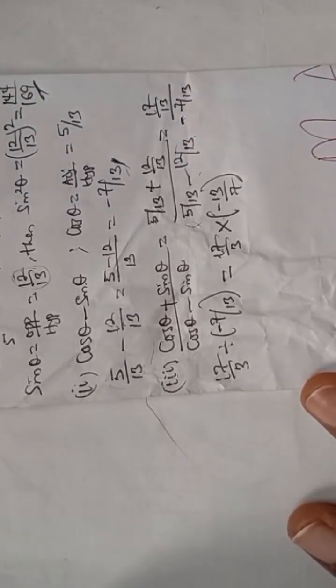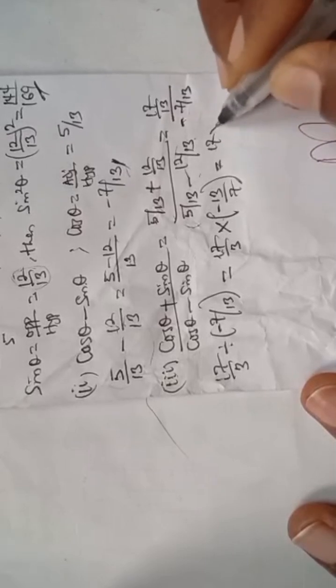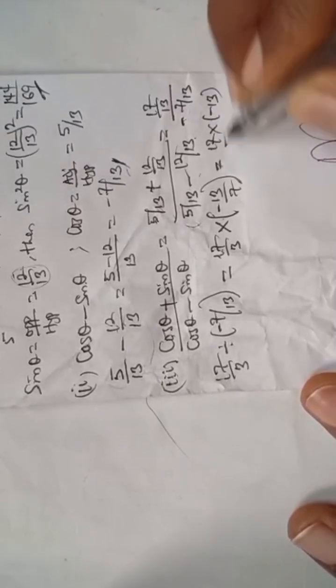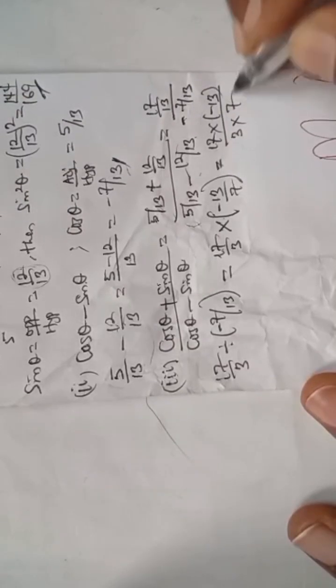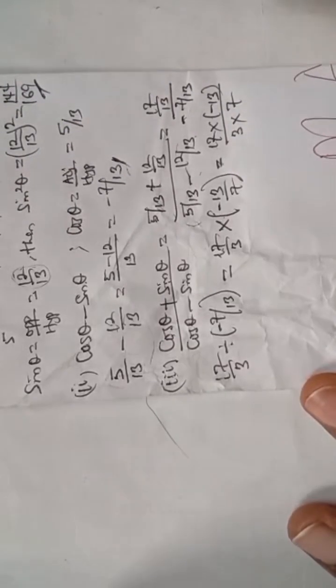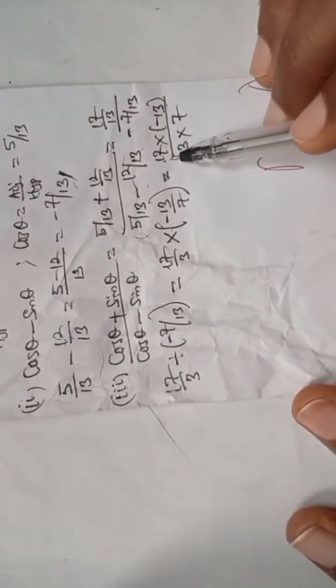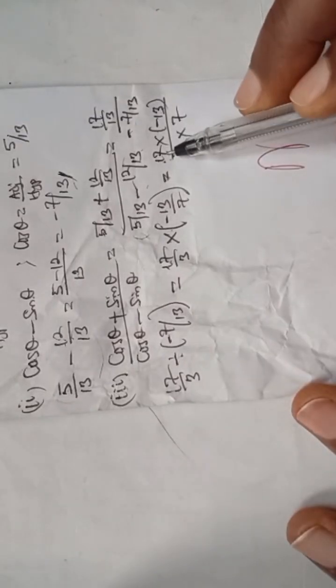Now this becomes 17 times minus 13 all over 13 times 7, and the 13s cancel, leaving 17 times minus 13 over 7 times 3.